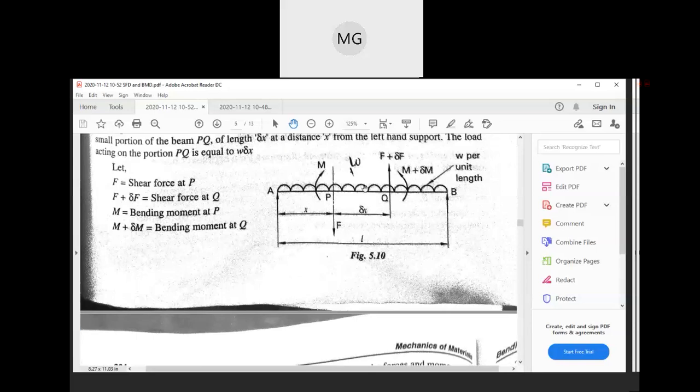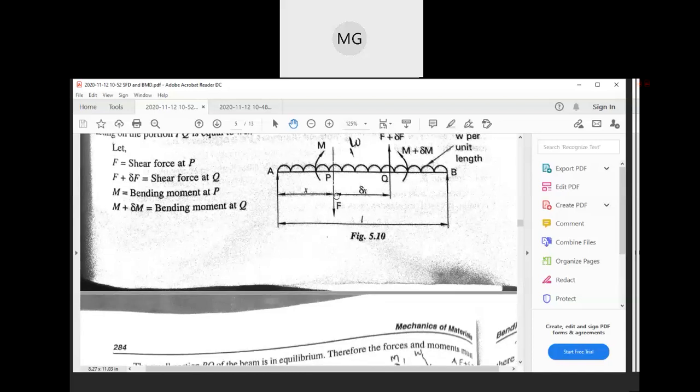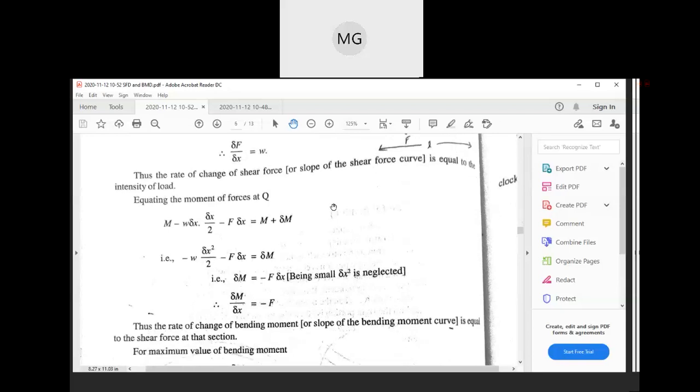Then the uniformly distributed load. Normally for bending, we consider the uniformly distributed load to be acting at the middle portion of the section, or at the CG, as a point load, which we assume for analysis purposes for bending moment. So that is W into dx, this is the load, and delta x by 2, this is the middle point of the section or CG of the section.